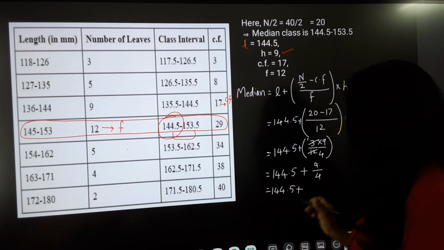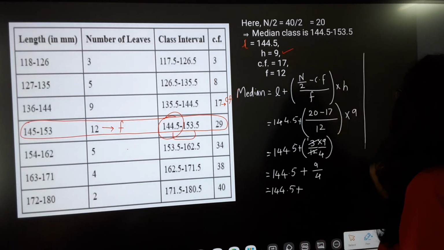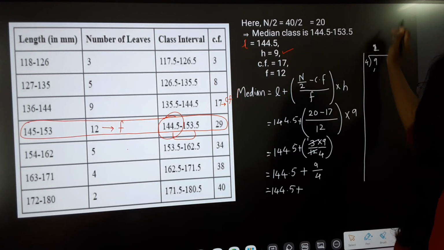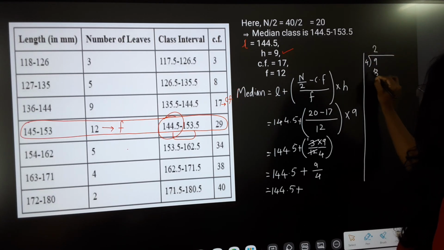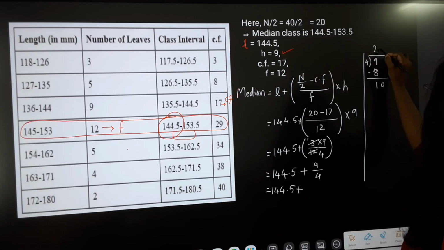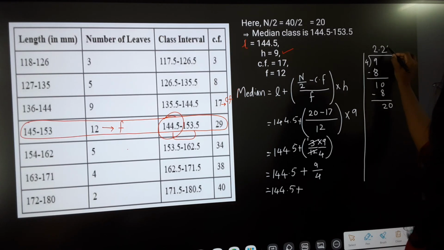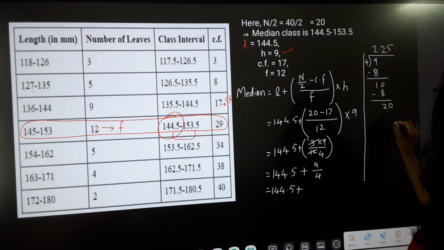In decimal form, students, we can do it like this: 9 upon 4, 4 twos are 8, remainder 1, then 0.4 twos are 8, then 20, 4 fives are 20.